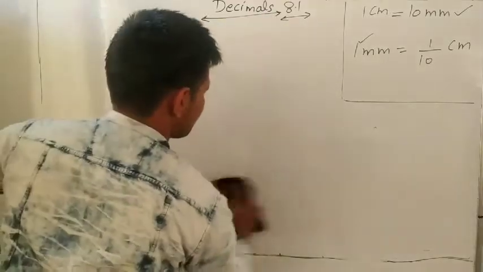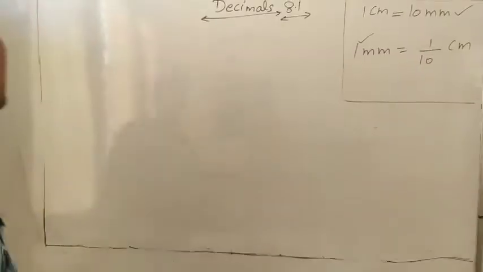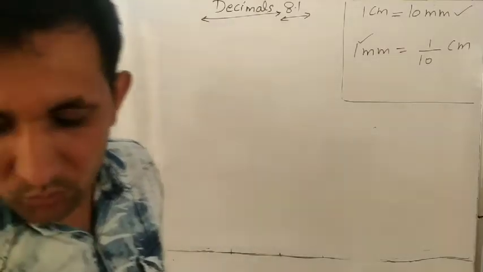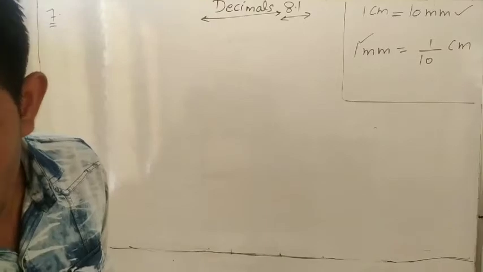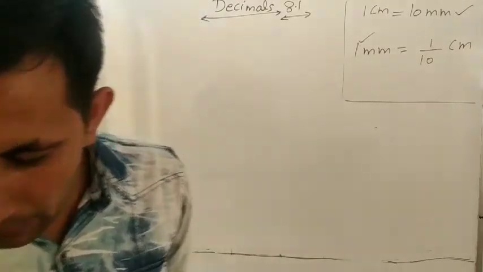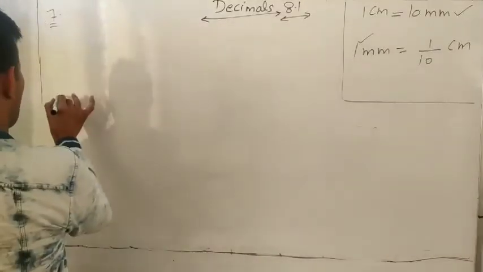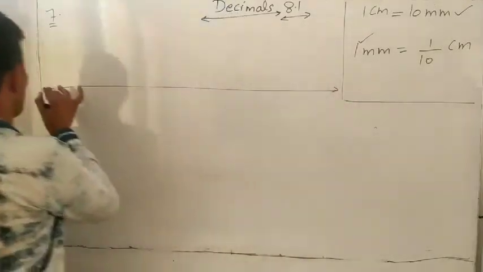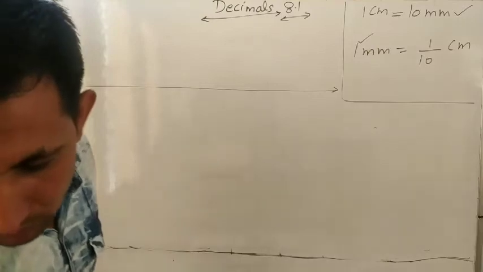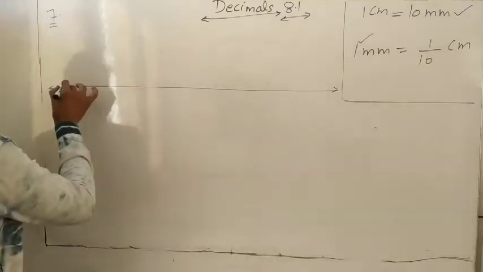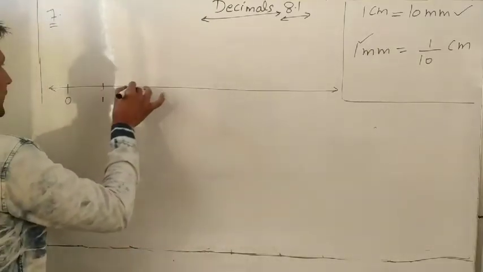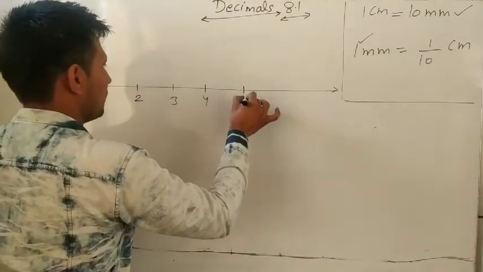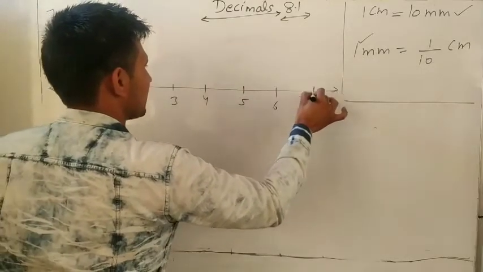Next is question number 7. Find between which two whole numbers on the line. So first a number line is given. Yes, I already told you. It is 0, 1, 2, 3, 4, 5, 6, 7.